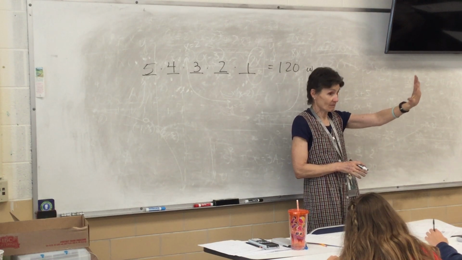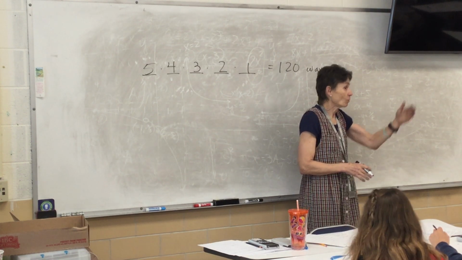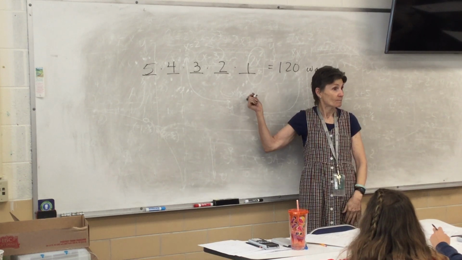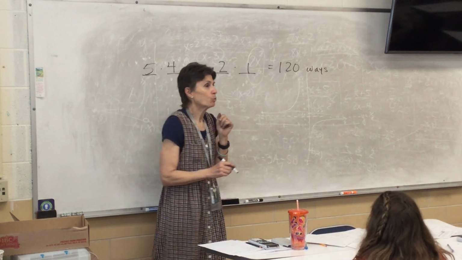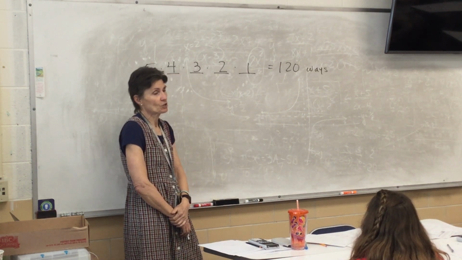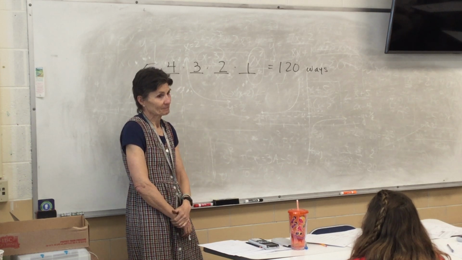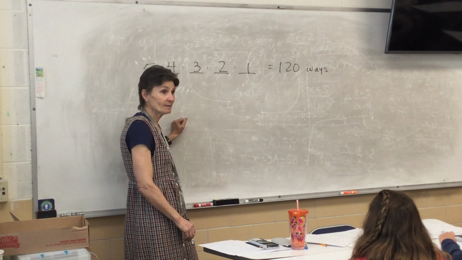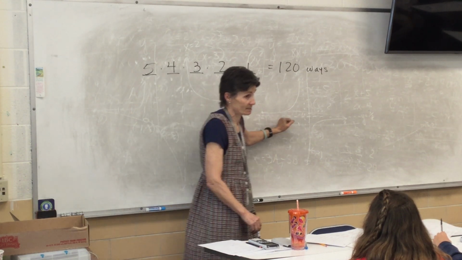If there's 5 of them, they can be arranged 5 times 4 times 3 times 2 times 1 ways. Now, think about this for a second. What if there were 20 books on the shelf? It'd be the same thing except what? It'd be 20 times 19 times, oh my goodness.